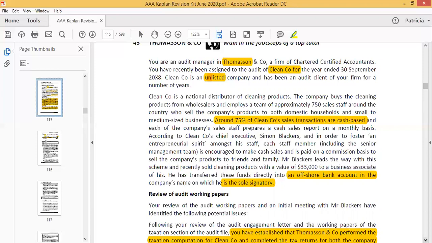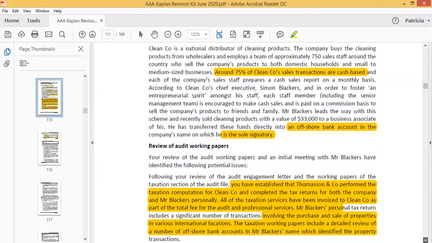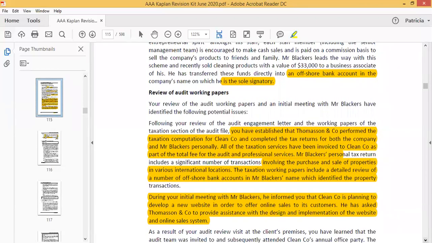And in another case, which I also illustrated down below, another indication would be the international property transactions that we have noted down here, where Mr. Blacker's personal tax return includes a significant number of transactions involving the purchase and sale of properties in various international locations.